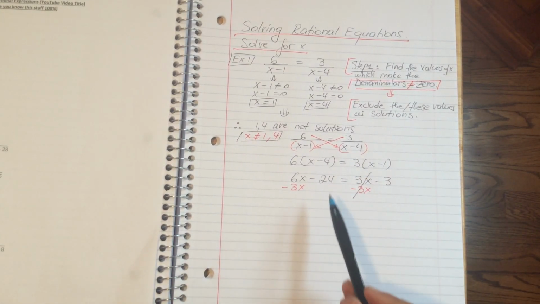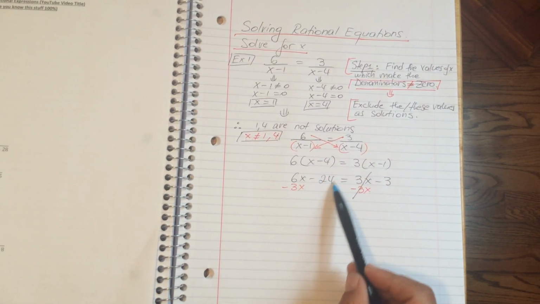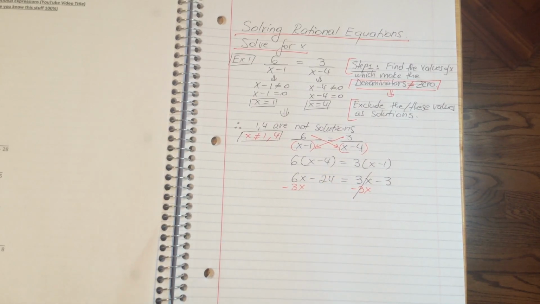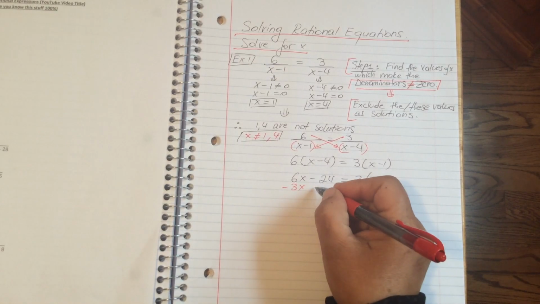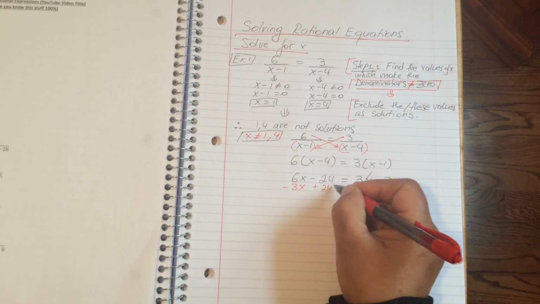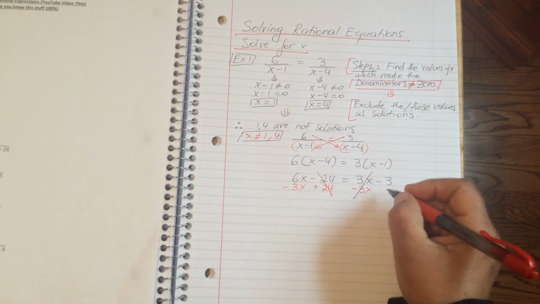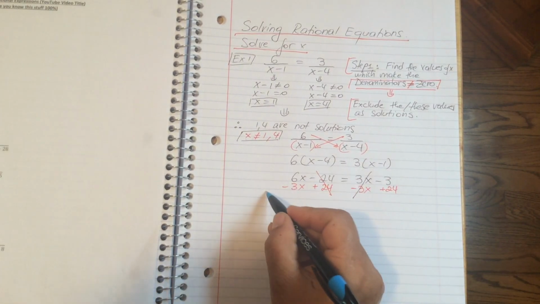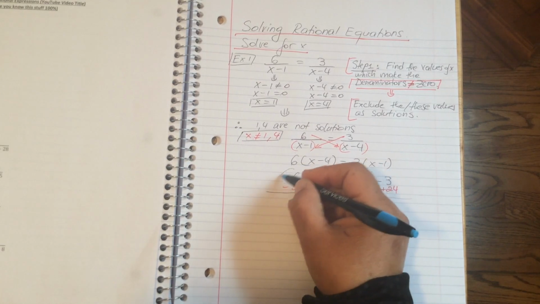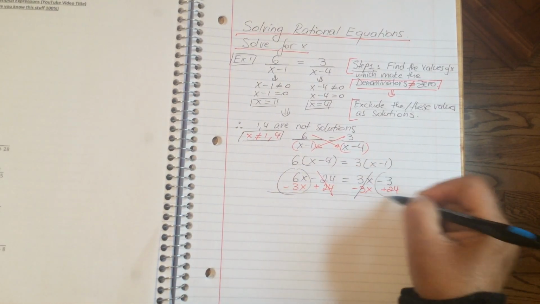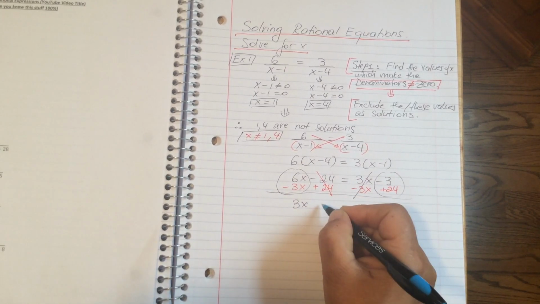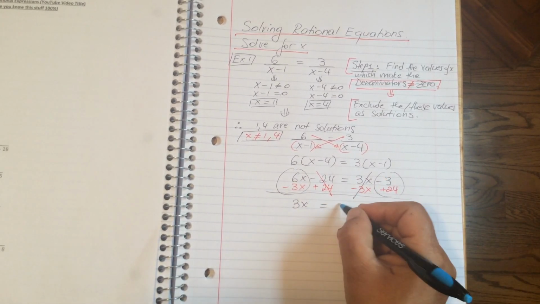And at the same time, I don't like the constant to be on the left, so I have to eliminate the constant from the left side. I have negative 24, I must add 24 to get 0, both sides of the equation. So I am left with x's on the left and the numbers on the right. Okay, so I have 3x equal to 21.